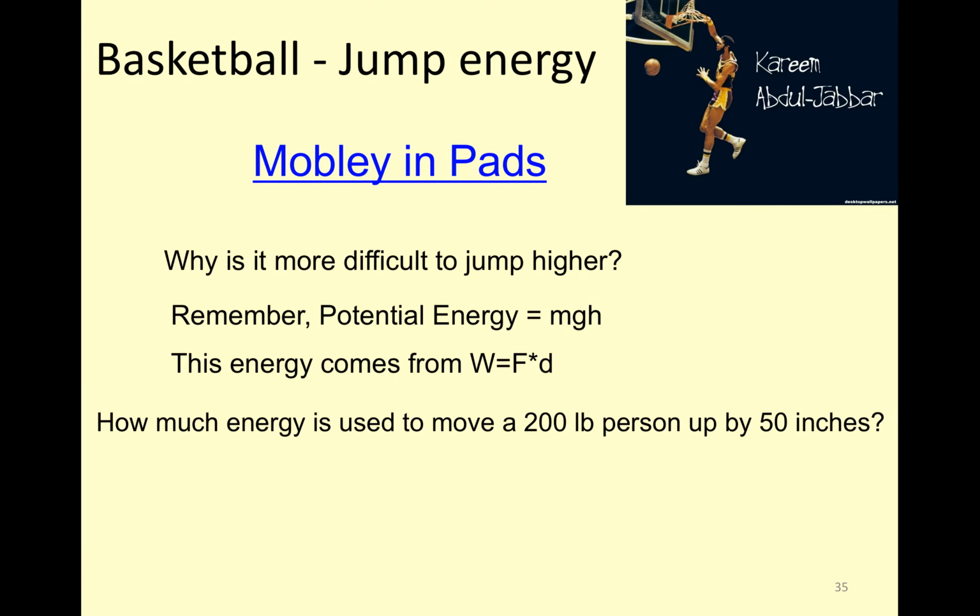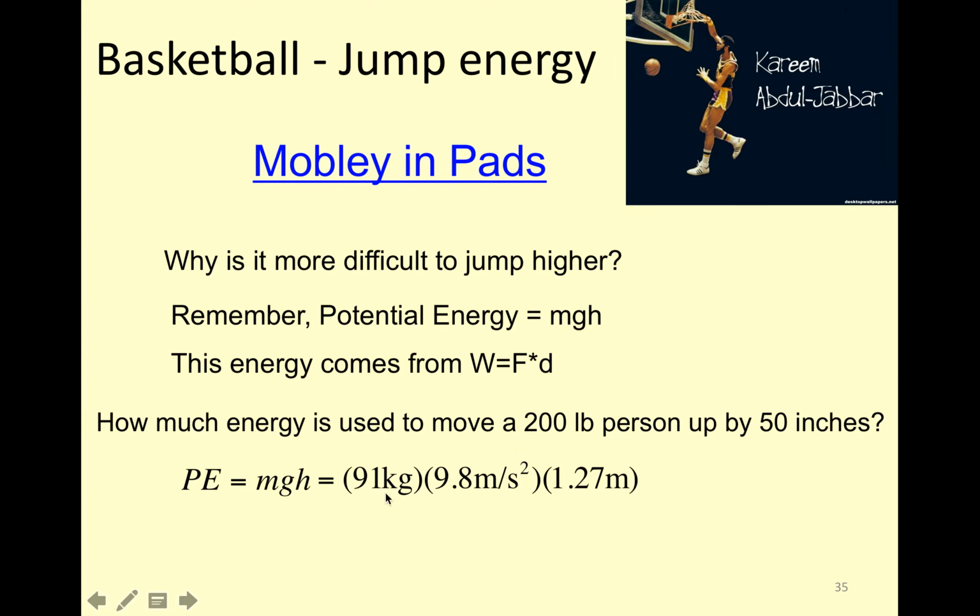So how much energy is used to move a 200-pound person up 50 inches? PE equals mgh. Well, you have to do the conversion of 200 pounds. Basically, you take 1 divided by 2.2, so it's about 0.45. 0.454 is the conversion from pounds to kilograms here on Earth, because remember, pounds is a force.